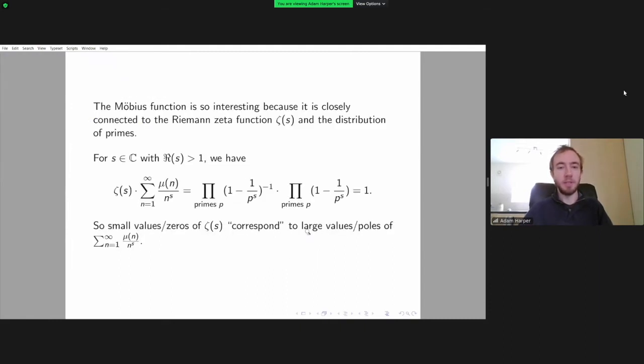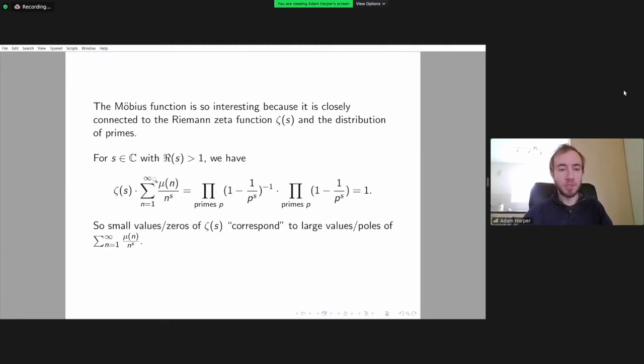It's very highly studied. And the reason for that is because it's closely connected to the Riemann zeta function and through the Riemann zeta function to the distribution of primes. And I want to say why, if you haven't seen this before. So if you give yourself some complex number s with real part strictly bigger than 1, you can form the Dirichlet series whose coefficients are mu.